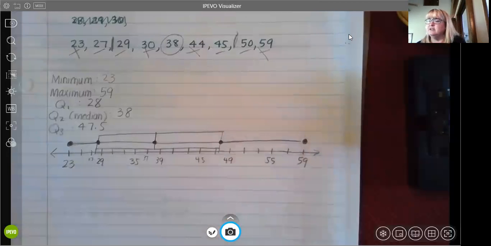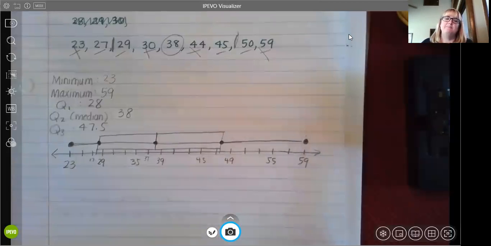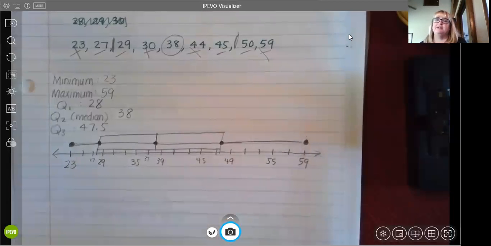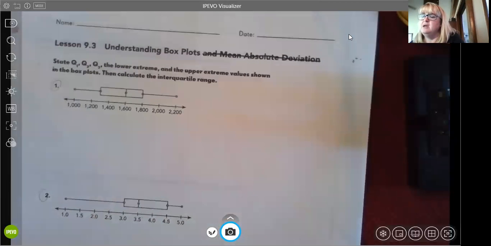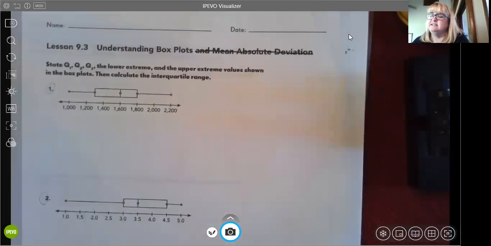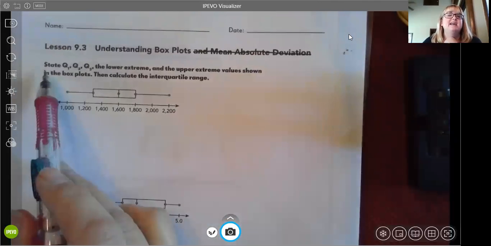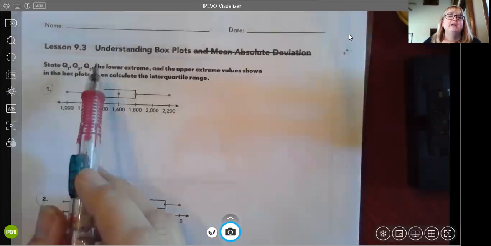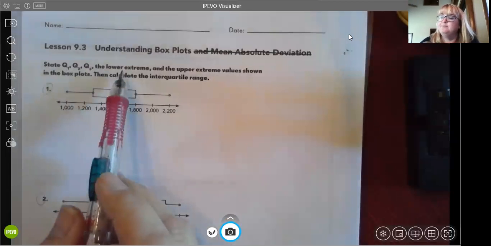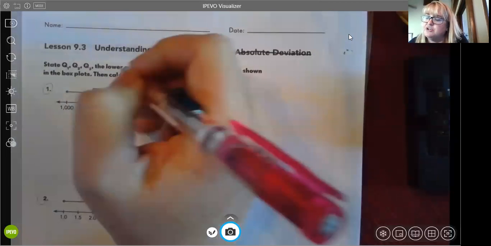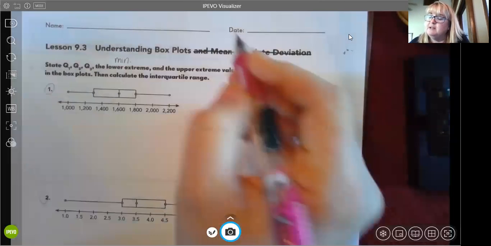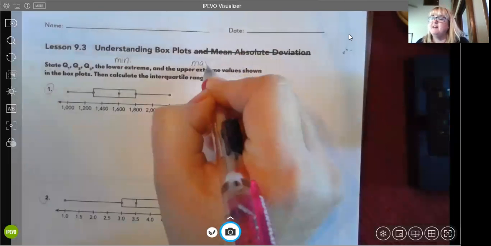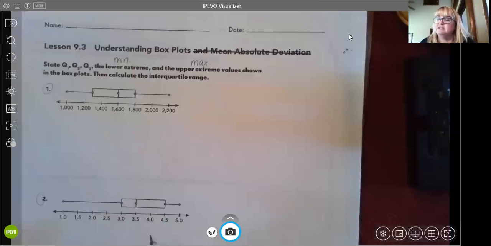All right, now that you get an idea on how to make one, let's look at the box plots and answer some questions together. Number 1 says, or the directions say, state Q1, Q2, Q3, the lower extreme, which is your minimum, and the upper extreme, that's your maximum, values as shown in the box plots.